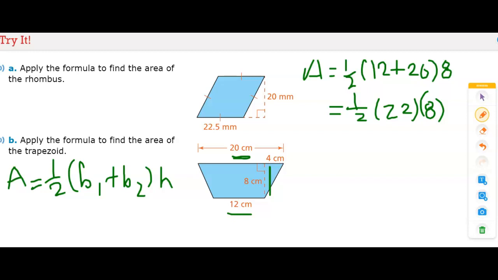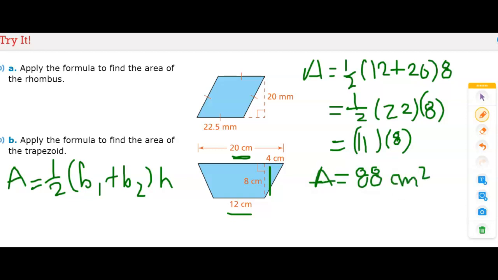I'm going to do 1/2 times 32 because that will be dividing 32 by 2, which will give me 16. And then I have 16 times 8, and then that gives me 128. And so my area is 128 centimeters squared.